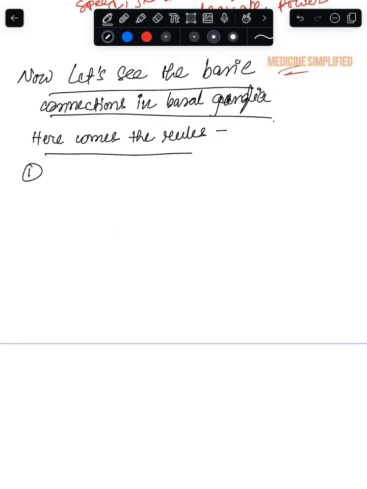Now let's see the basic connections in basal ganglia. But first you have to remember some basic rules.